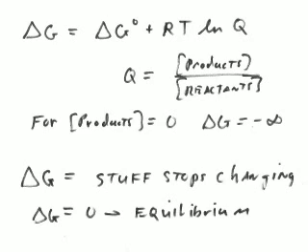One of the things you might notice from this equation is that when the concentration of products is 0, delta G goes to minus infinity, which means basically when you mix stuff together, something's going to happen, because having something happen is extremely favorable.